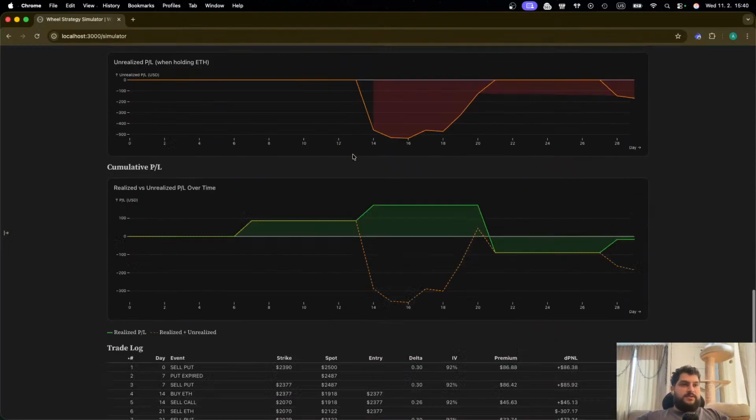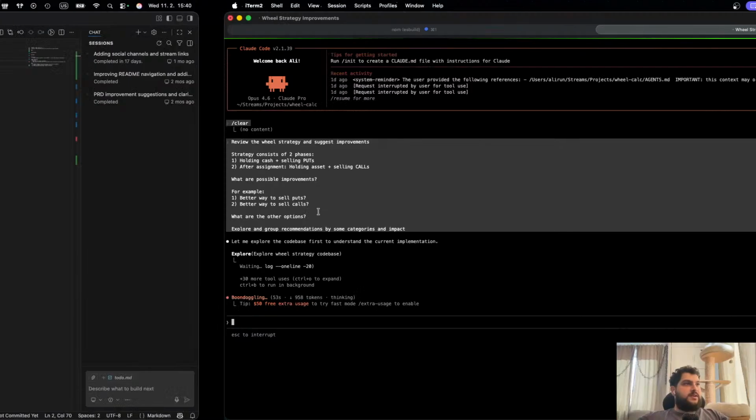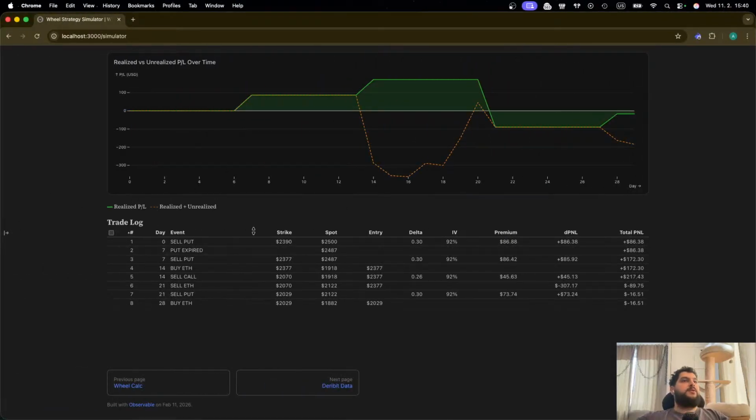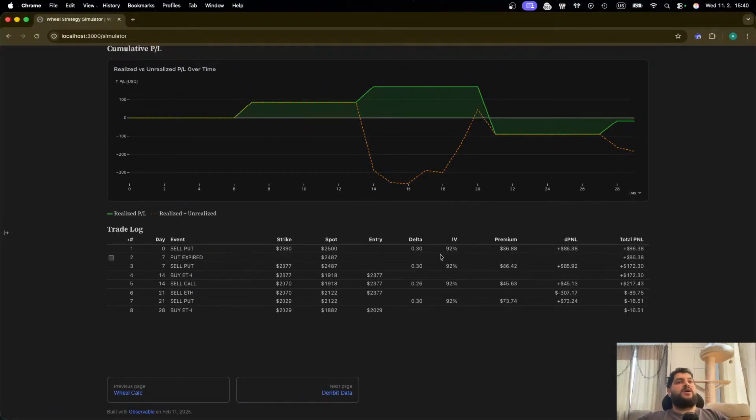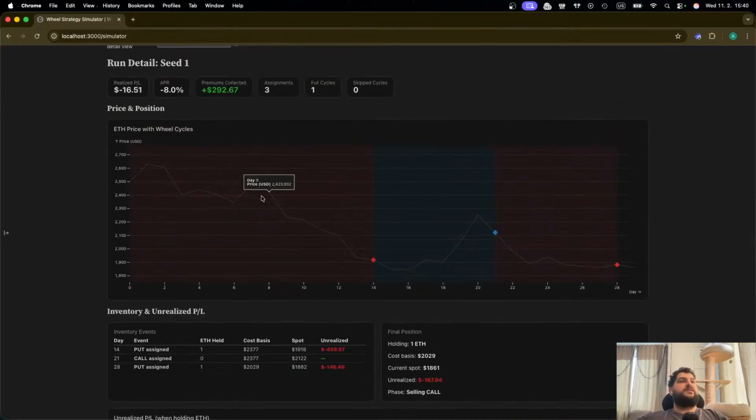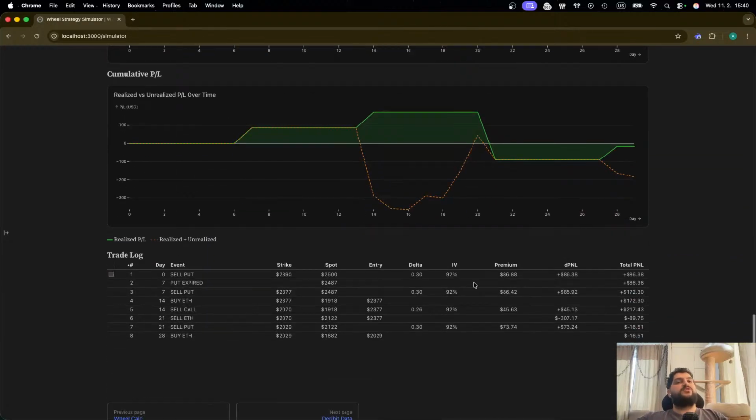So what we did here, let's go back again while it's thinking and preparing something for us. So we sold a put, we got our premium. It was our P&L. Then we were not assigned or whatsoever, and then we sold another one with a slightly lower premium, which got us another $85, which was 172 in total P&L at the time.